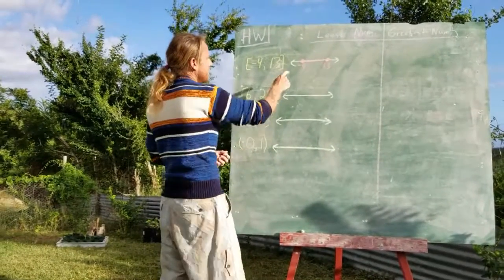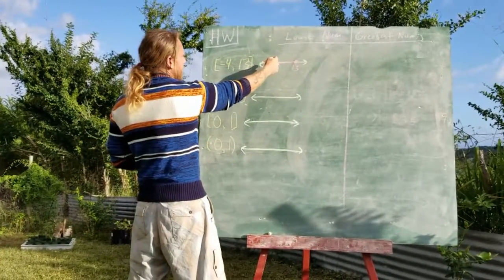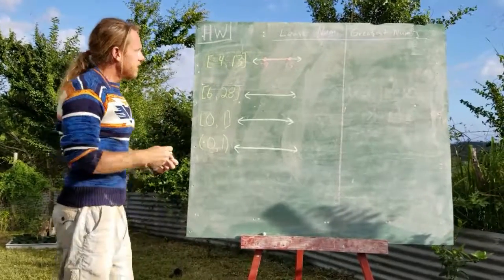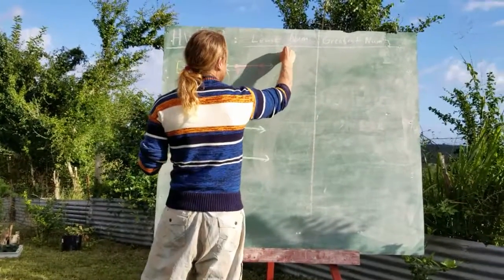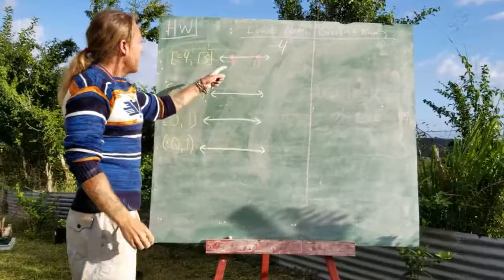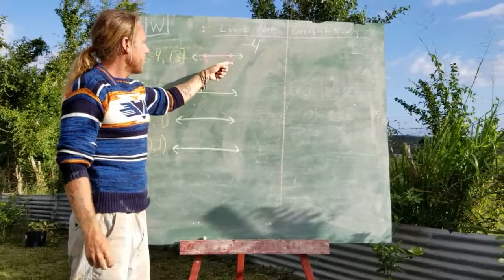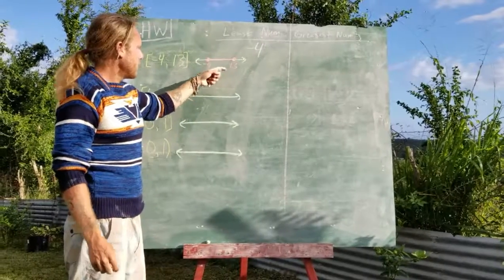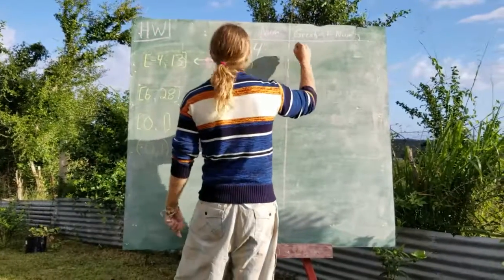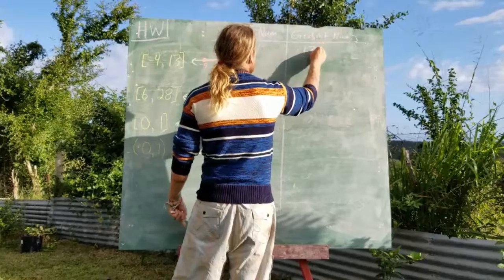Is there a number in red less than -4? No, our least number then is -4. Our greatest number, similarly, is there a number in red in the interval greater than 13? No, 13, and 13 is included, -4 is included, so our greatest number is 13.